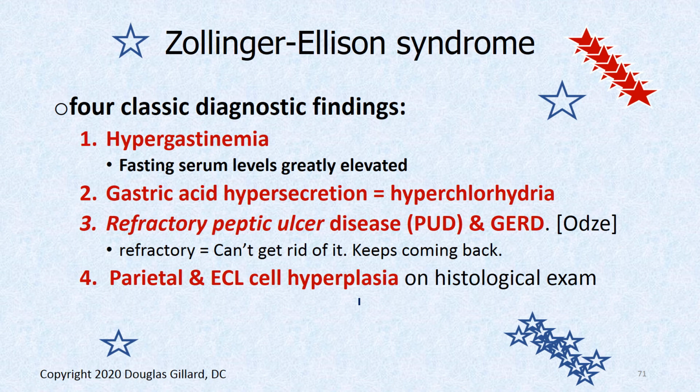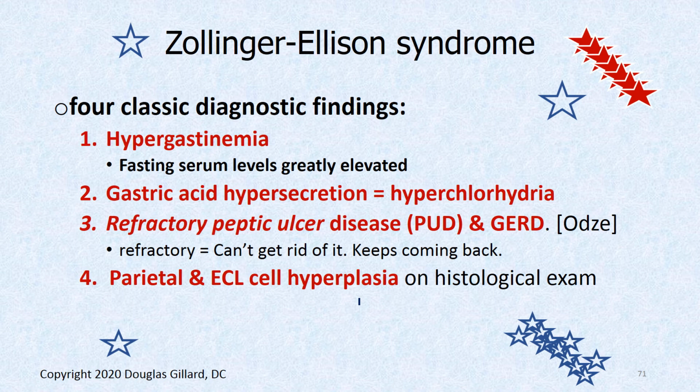The classic 4, lots of stars, I think I've always asked this question: the classic 4 diagnostic findings of Zollinger-Ellison syndrome. Hypergastrinemia: you do some blood work and gastrin levels are really high. Then you can do a manometry and test for acid. They have hyperchlorhydria.